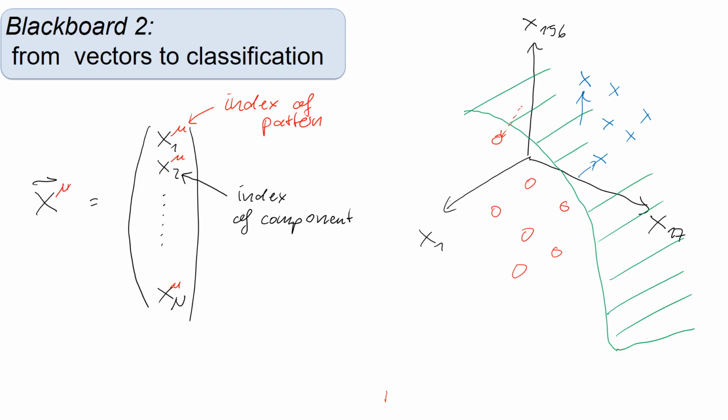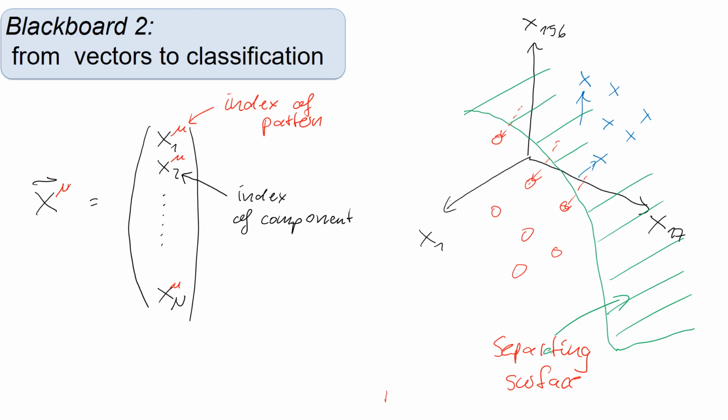They lie below this surface. And so the task of classification is now equivalent to finding this separating surface, which is really this green separating surface here.